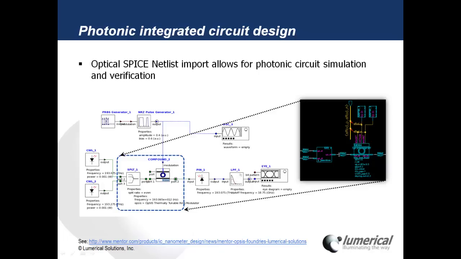Of course, in order to be able to do the simulation, we need a PDK within INTERCONNECT that has all of the different components that are supported or can be manufactured at a particular foundry. And that's where the idea of enhancing the ability to develop these PDKs comes in. I should also say that we're working closely with OPSIS to develop an extensive set of components for their OPSIS IME PDK.